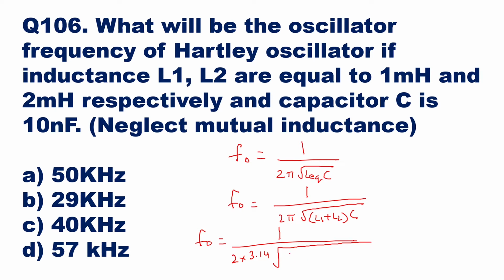So it is 3 millihenries totally, into 10 to the power of minus 3, into C is 10 nanofarads, so it is 10 into 10 to the power of minus 9. Now, if you calculate this, you will get an answer of 29 kilohertz. So this will be the answer here, 29 kilohertz. That is the answer B will be the right answer.